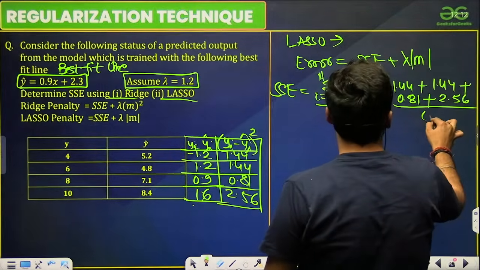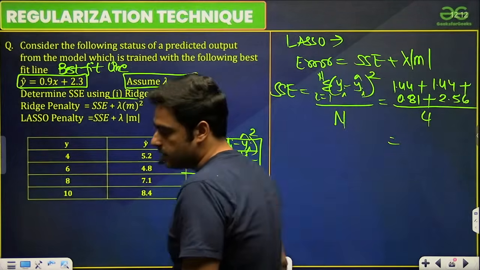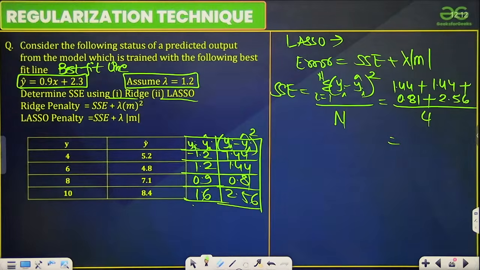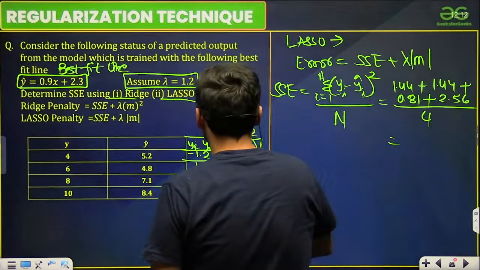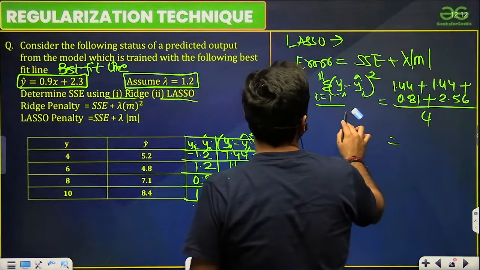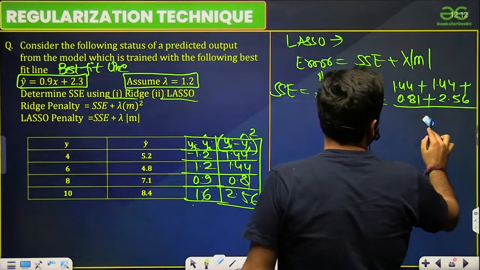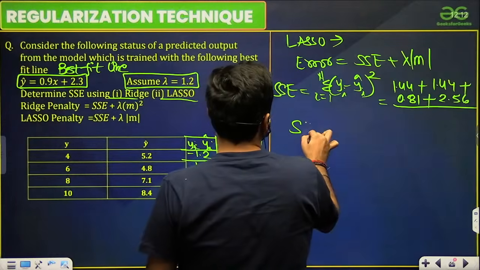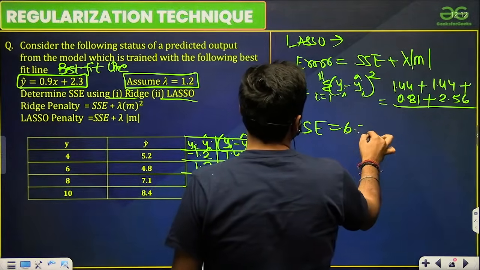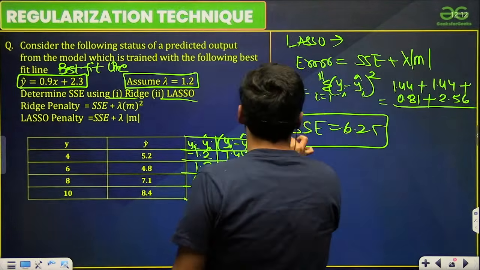What is the SSE value? It is 6.25. No, it is not divided by n. We don't divide it by n, that is my mistake.